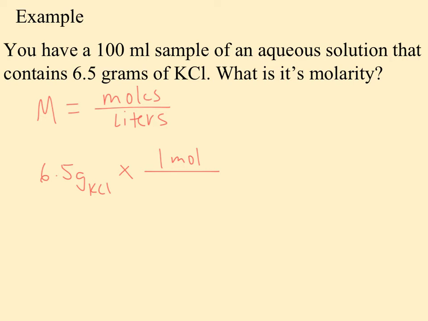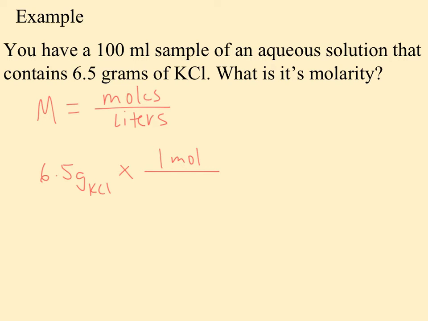So my 6.5 grams divided by the 74.55 means I have just 0.087 moles of HCl. And again, you can just leave this whole long decimal. You don't have to round off in your calculator, but for the sake of writing it down, I'm going to round to my 2 sig figs. So that's going to be on the top, 0.087.